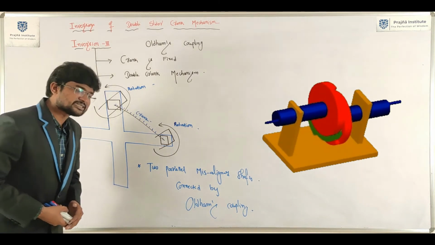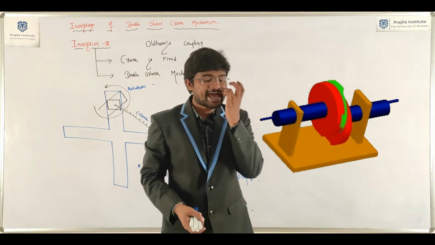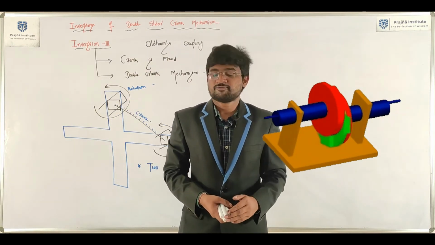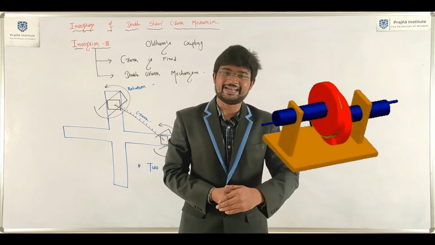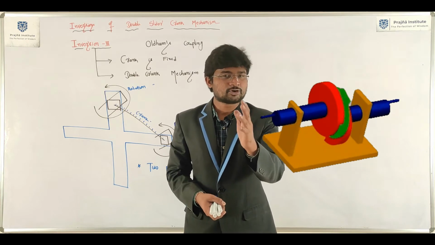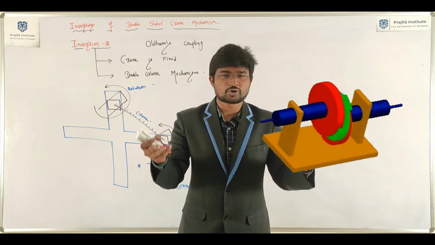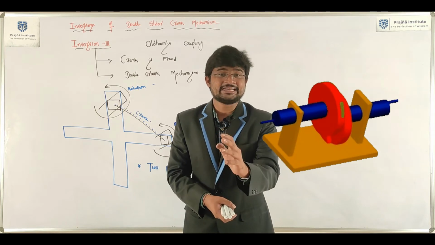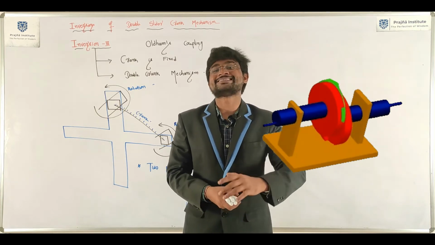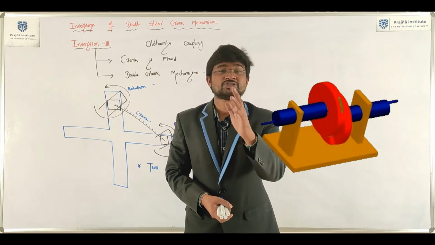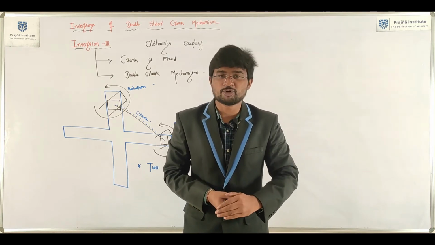We discussed 3 inversions. As the first inversion, we started by fixing the slotted plate. You will get the elliptical trammel. The elliptical trammel is a drawing instrument. It is used to draw an ellipse. After that, we fixed the slider. The corresponding mechanism is the Scotch yoke mechanism. It is used to generate simple harmonic motion.